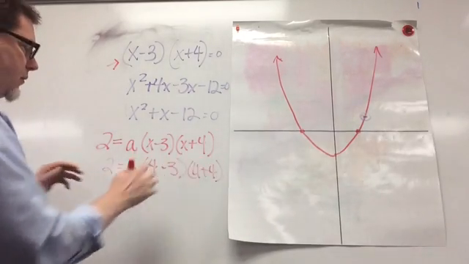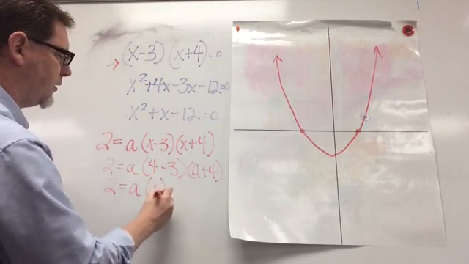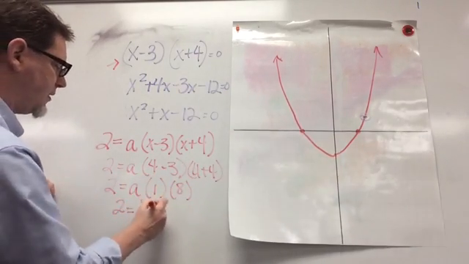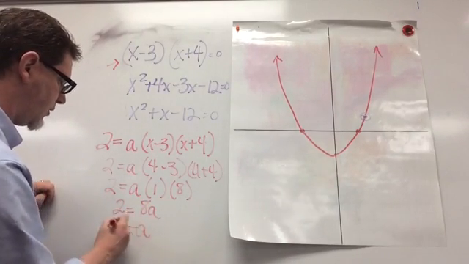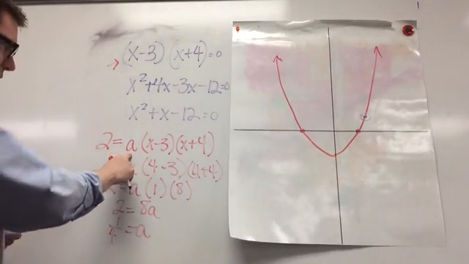So now 2 equals a times 1 times 8. So 2 equals 8a. So divide both sides by 8, and a equals 1/4.